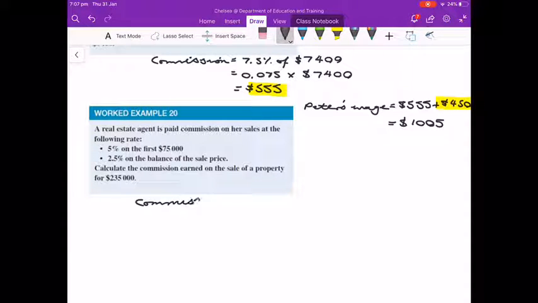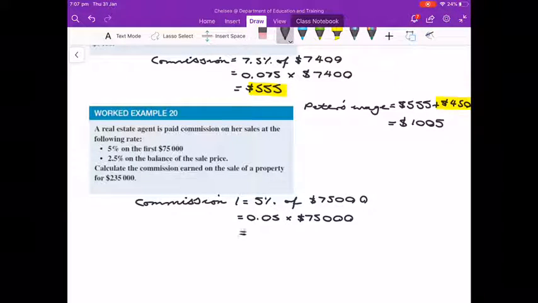So we'll start with the first commission, which was the 5% of $75,000. 5% is 0.05 as a decimal. For the first 5%, we earn $3,750.